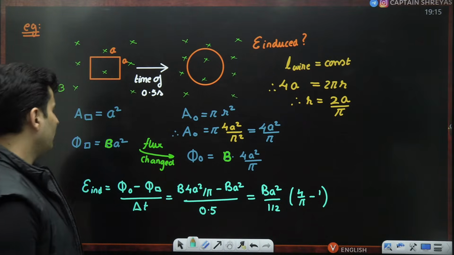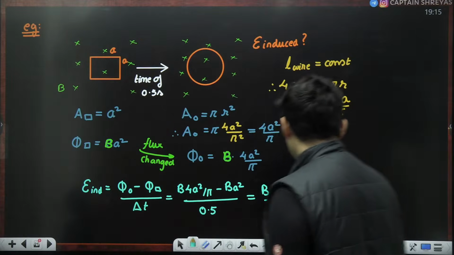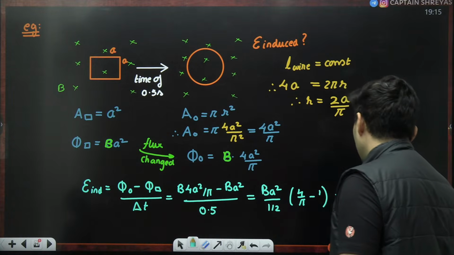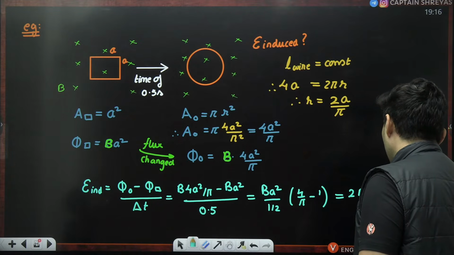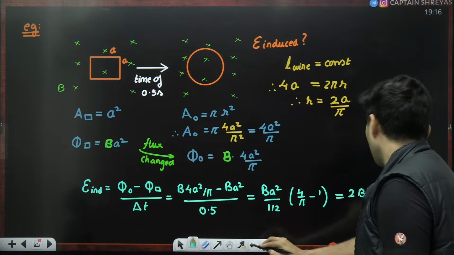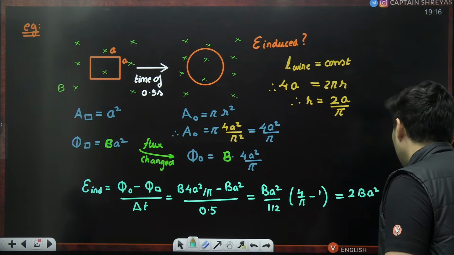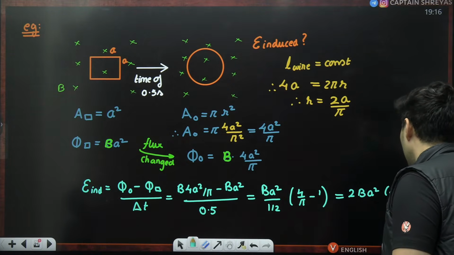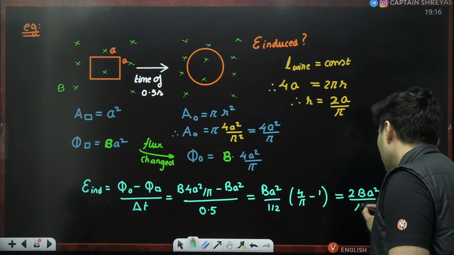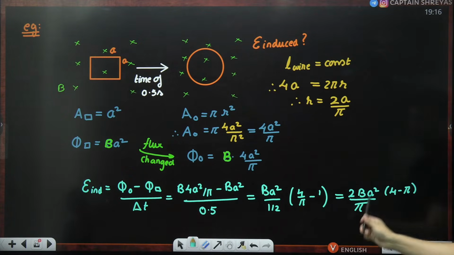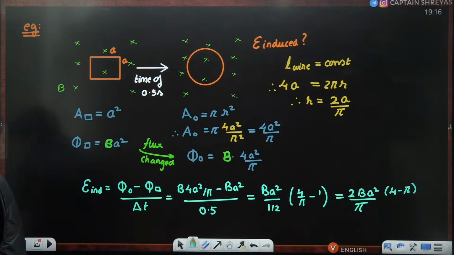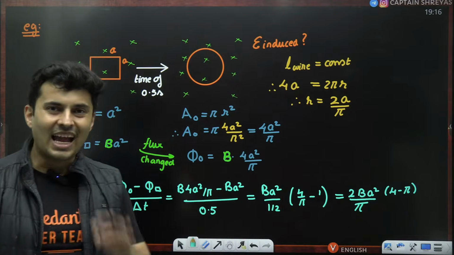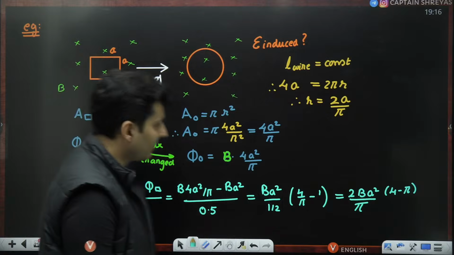Okay, so 2 goes on the top and I will be left with 2 times B a square, and I will have 4 minus pi on the top, and below I will just have the number pi. So this is the EMF which is created in this time duration. That's it. I hope this is absolutely clear.